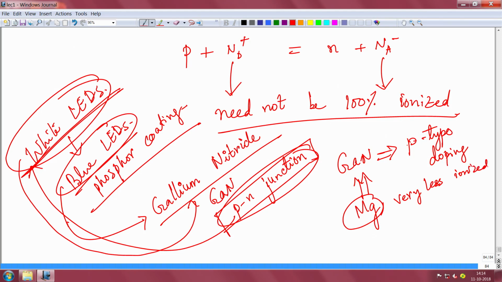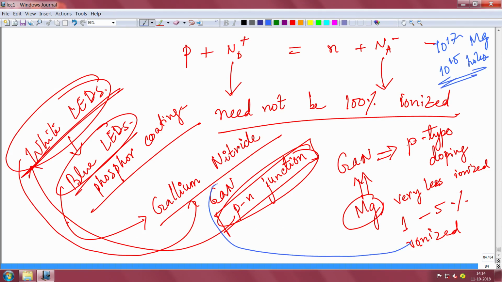Only 1 to 5% is ionized as a p-type, which means if I add 10 to the power 17 magnesium atoms, only 10 to the power 15 holes I will get. It is so low, and that has implications in the gallium nitride PN junction, which has implications in the white LED. So, these are important things that we should keep in mind.